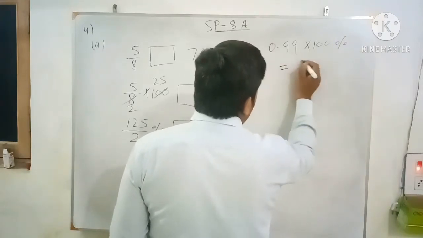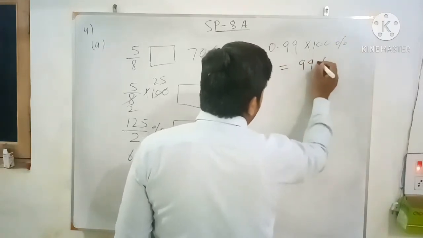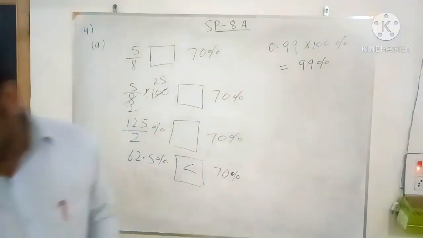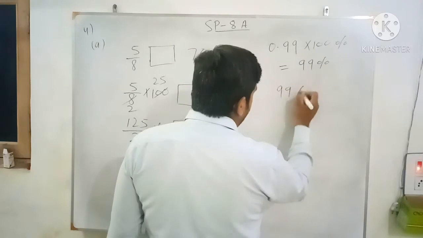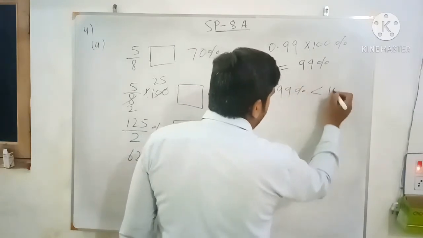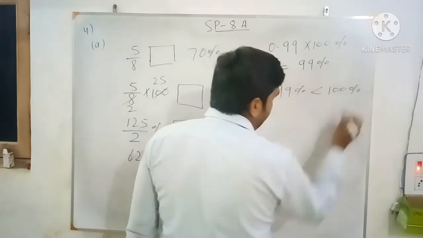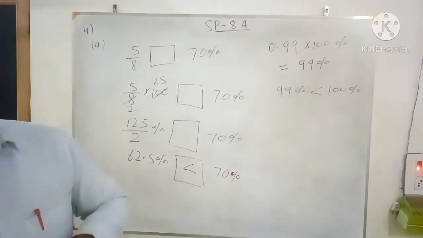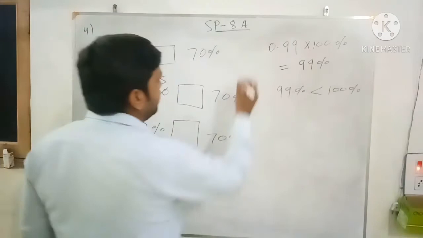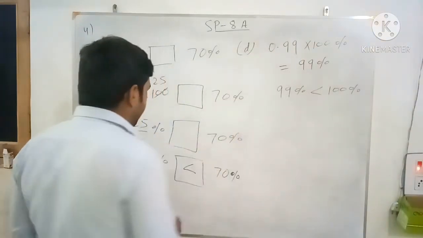So 0.99 multiplied by 100 gives you 99%, and 99% is less than 100%. That is the question number 4D.